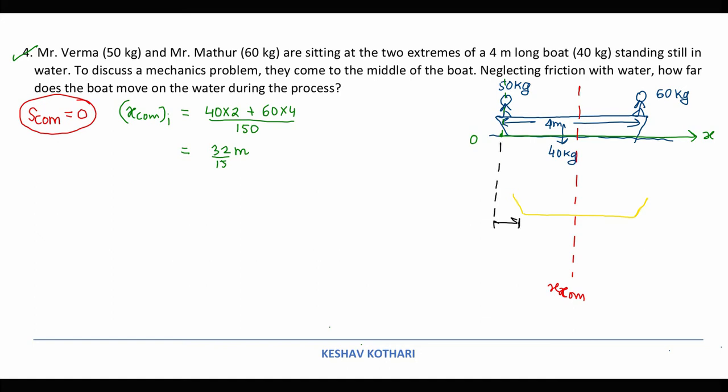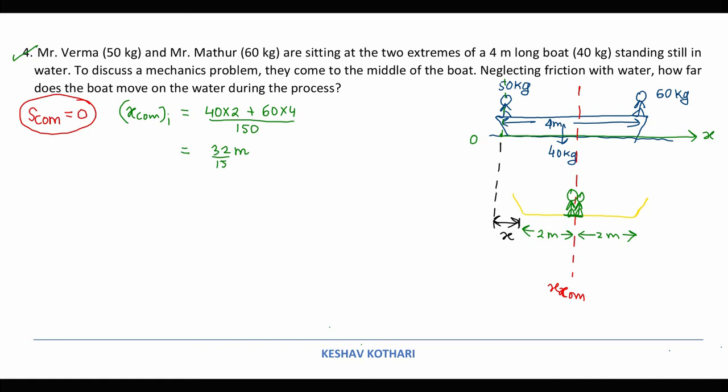The displacement of the boat is equal to x, and they both will meet at a point somewhat like this to discuss the problem. So this distance is equal to 2 meter, and this is another 2 meter. The weight of the boat is acting at the center of mass where the two are meeting.